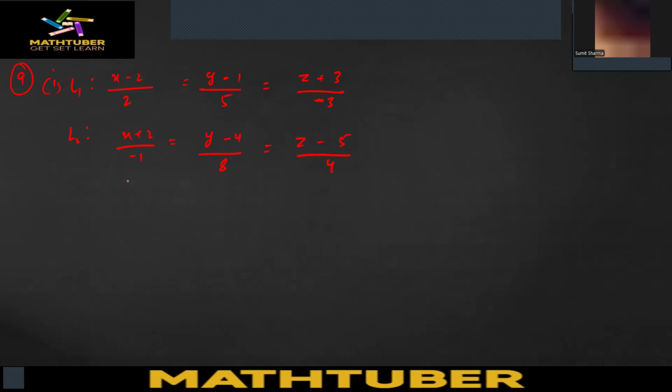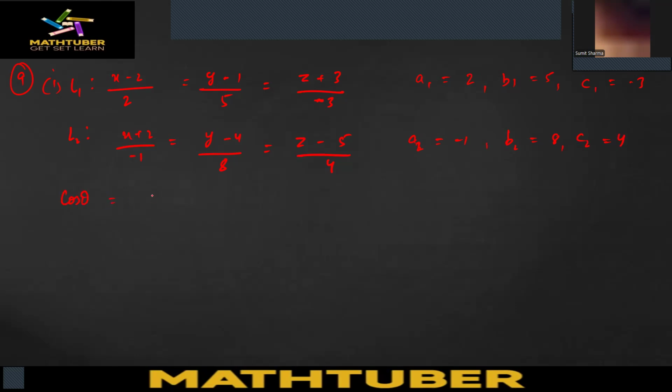So we can easily take out A1, B1, C1 and A2, B2, C2. So obviously the denominators are A1, B1, C1, right? So A1 is 2, B1 is 5 and C1 is minus 3. Similarly, A2 is minus 1, B2 is 8 and C2 is 4.